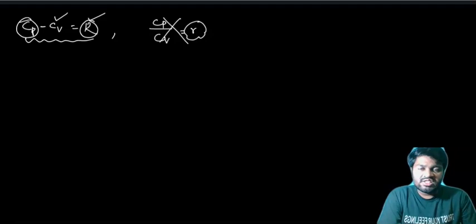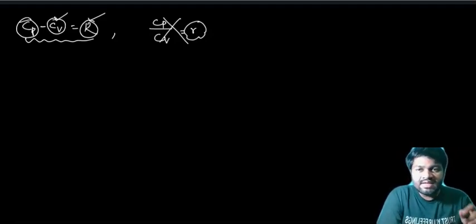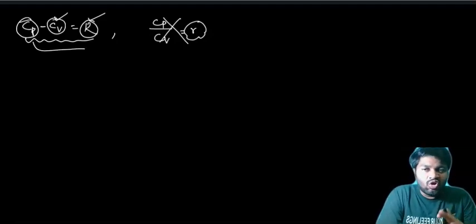Similarly, the Cv value is also unknown. That means in this particular equation all these three are unknown, right? And if we want to find out any one, we should know the other two values. I hope how to approach this is clear.